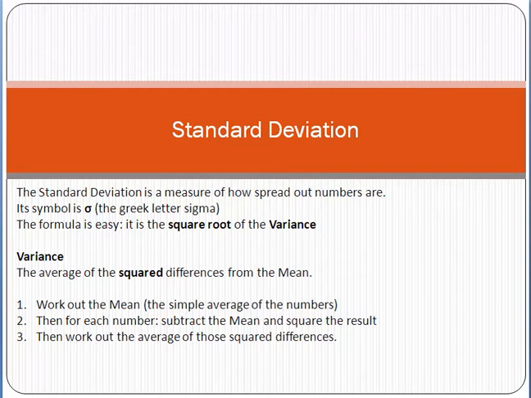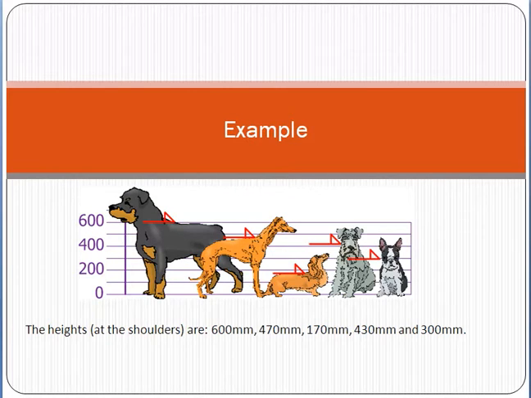So friend, let's quickly move towards an example so that you can get an idea of what it means. Friend, here we will calculate the standard deviation. Standard deviation means how far from the mean value. So let's assume that you have 5 dogs. Let's assume each dog's height is different, and we will measure the height of a dog from the shoulders.